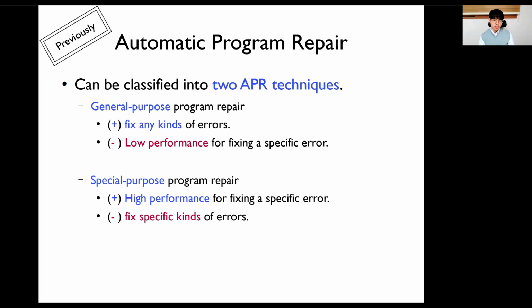First, the general purpose repair techniques aim to repair all types of errors, but these techniques may have poor performance in fixing some specific types of errors. On the other hand, special purpose program repair techniques are specialized for fixing specific kinds of errors, so they are not generally applicable for fixing other types of errors.